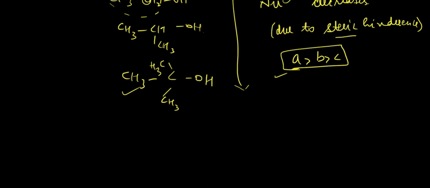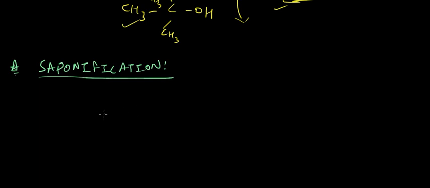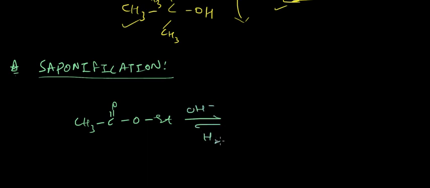Okay, next let's see another topic, which is called saponification. We have actually already seen the example of saponification, which is nothing but the hydrolysis of ester in basic medium, but again we'll formalize it and make it another concept.